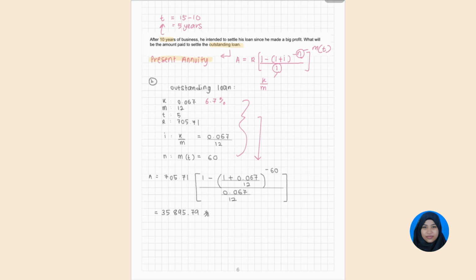So we get 35,895 ringgit and 79 cents. So this is all Mr. Zack has to pay to settle all of his outstanding loan amount.